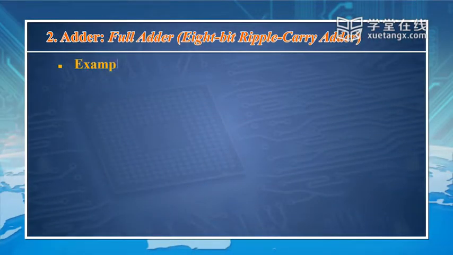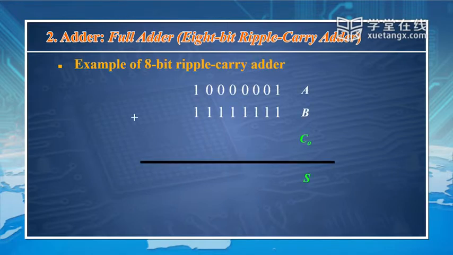In this example, we have 8 bits, A plus B, and this is the lowest bit, this is the highest bit. So this is A and B, this is the C output, this is the sum. When we take calculation, we first add this bit and this bit.